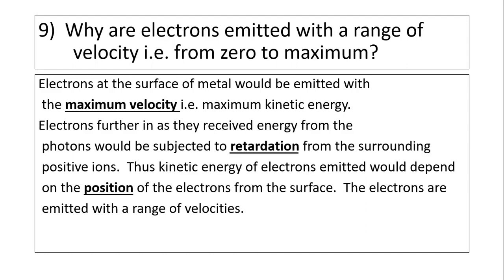Teacher, what do you mean by electron further in, as they receive energy from the photon, would be subjected to retardation? Oh, that means you slow down. Yeah, it's surrounded by positive ions as you go up to the surface. So there is a retarding force.